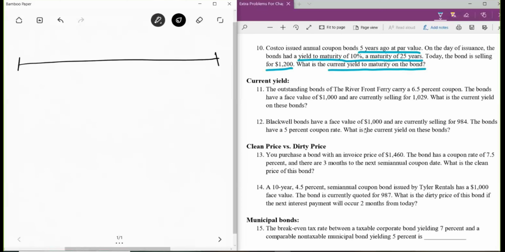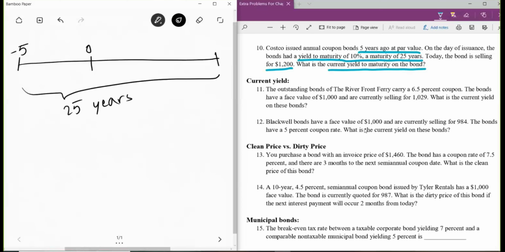So here, this is year minus 5, 5 years ago. Now we're here at time t equals 0. When the bonds were first issued, on the day of issuance, the maturity was 25 years.